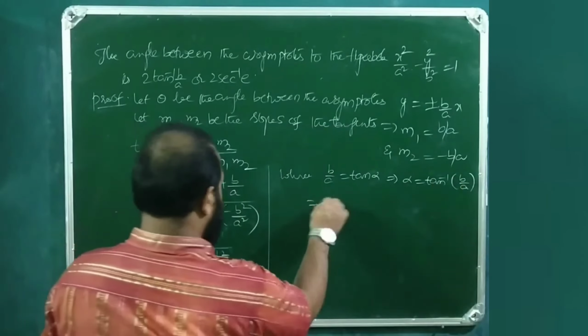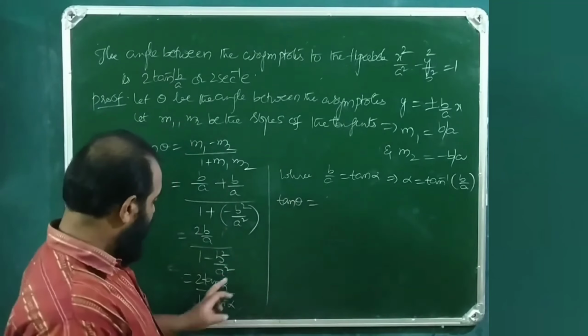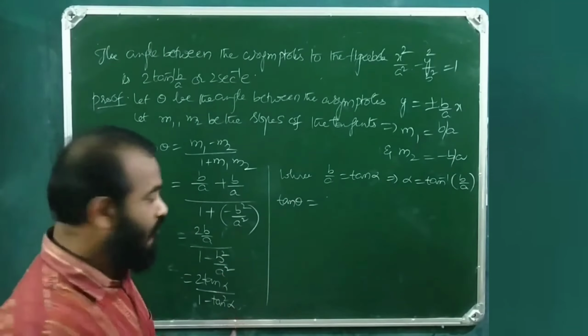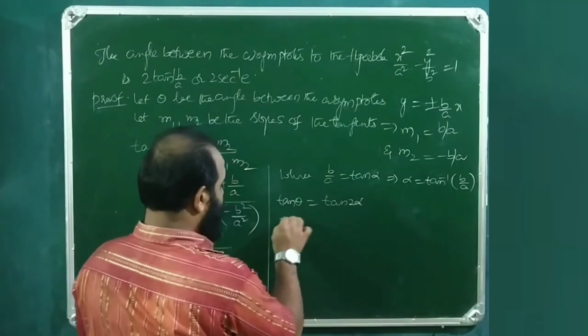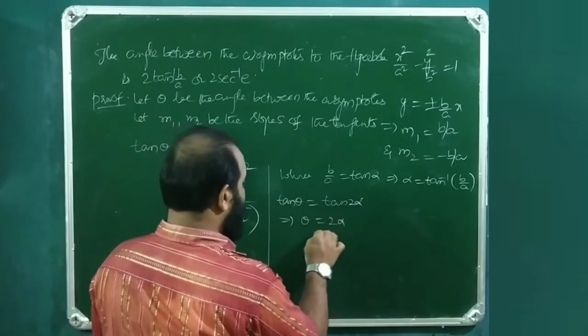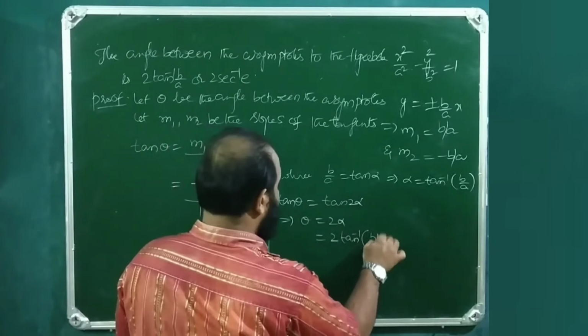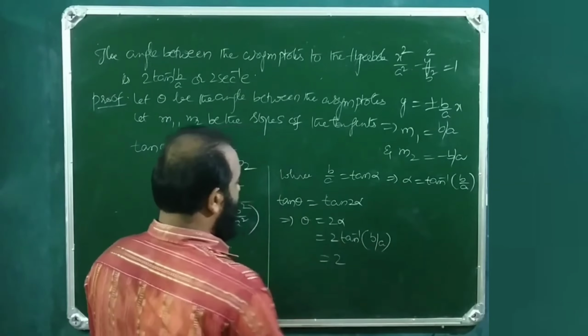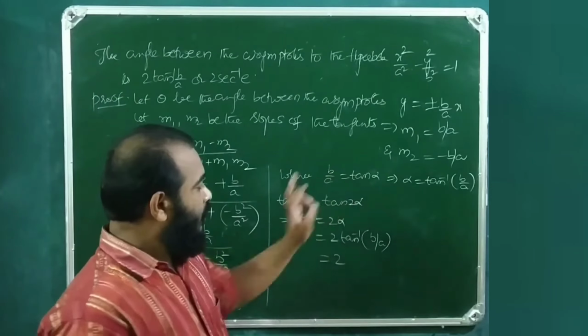So tan theta is equals to 2 tan alpha by 1 minus tan square alpha, which is tan 2 alpha. So theta is equals to 2 alpha. So 2 into alpha, where alpha is tan inverse b by a.